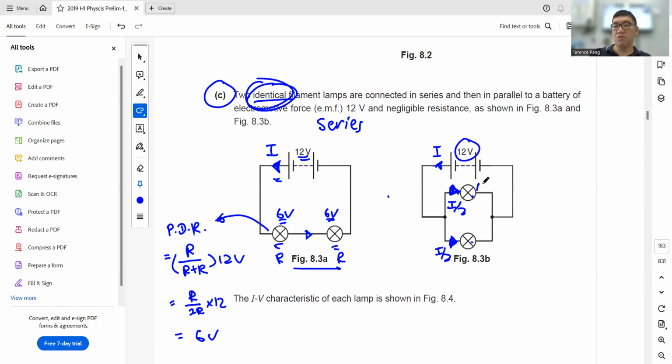For parallel, it must all be 12. Think about it. For series, they share equally, and you use the potential divider rule to derive it. For parallel, the rule is that for any circuits that are in parallel, all the potential differences are the same.